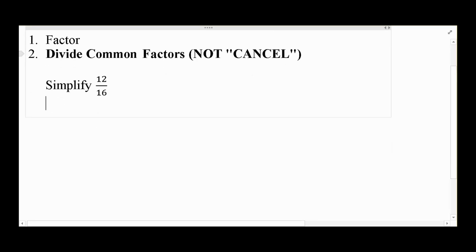So what's happening here is we're going to take that 12 and say 12 is really 4 times 3. Now we could go down further and call it 2 times 2 times 3 if we really wanted to, but it's not necessary. And similarly for 16, it's 4 times 4, and again, we could go down further to 2 times 2 times 2 times 2. For this problem, it's not necessary, and it's simple enough that we can see that it's not necessary.